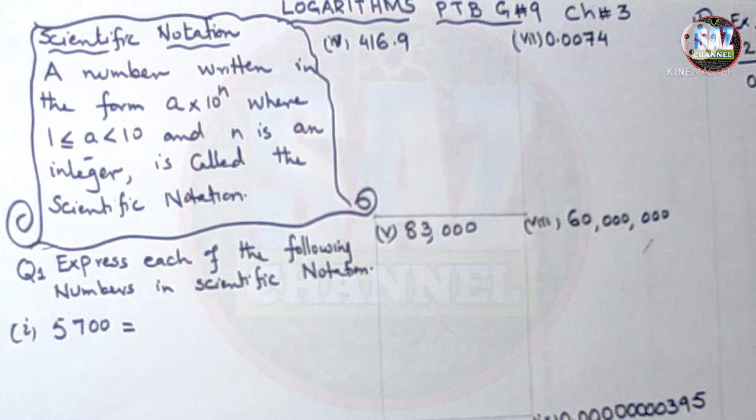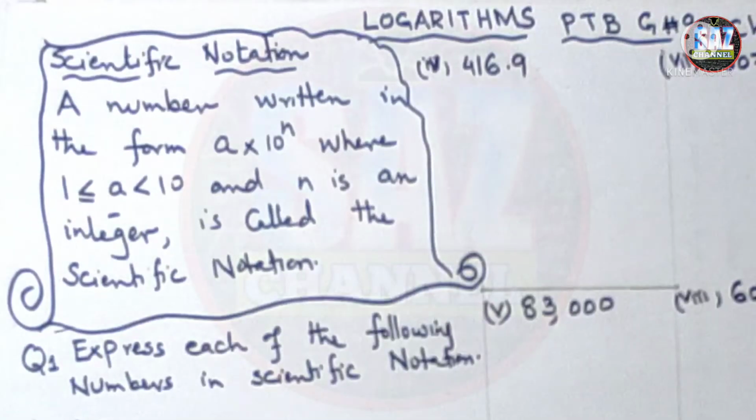First of all, it's really important to understand what scientific notation is. Before going to the lesson, you have to make your mind that in our everyday life, there are some numbers which are very, very large, like the diameter of the sun, diameter of the earth, that we cannot easily read them.